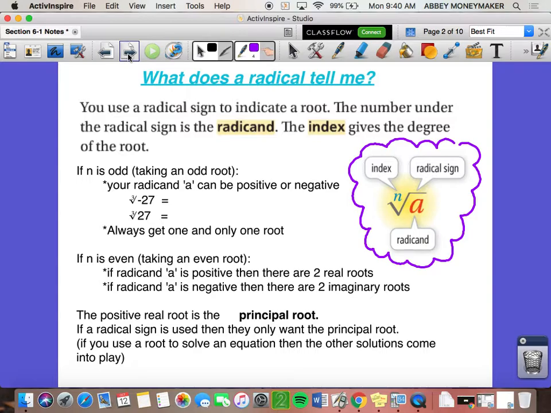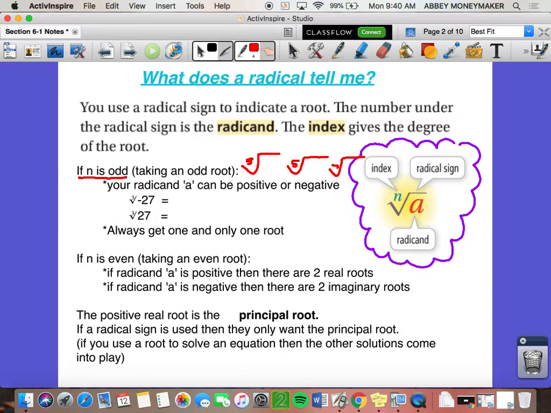Now, we are going to dissect that index number, and we're going to look at two major cases. We're going to look at first if the index is an odd number. So if you are taking the cube root, if you're taking the fifth root, if you're taking the seventh root, etc. Okay?